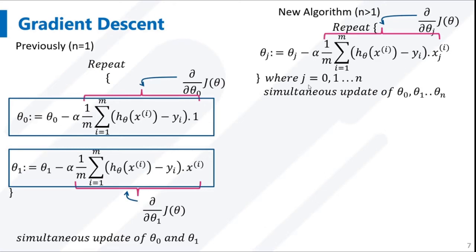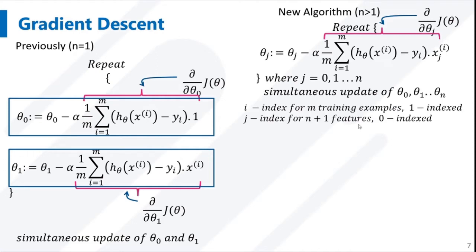In this case, j varies from 0 to n because there are n plus 1 elements starting from x0, and you have to remember the simultaneous update of theta 0, theta 1 up to theta n. If you carefully remember the index values, i and j: i is the index of the m training examples.